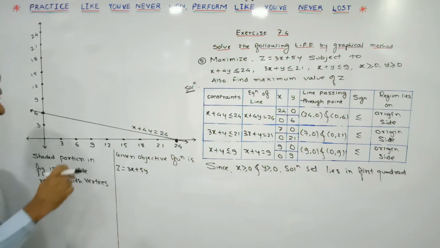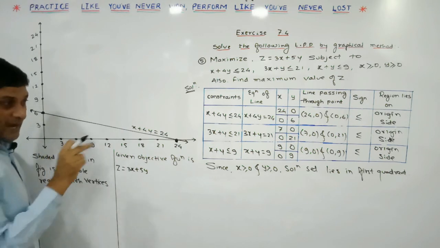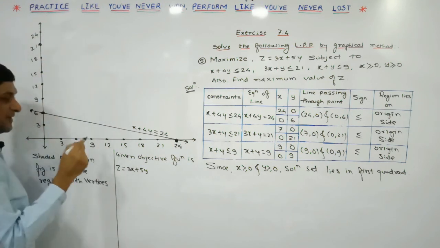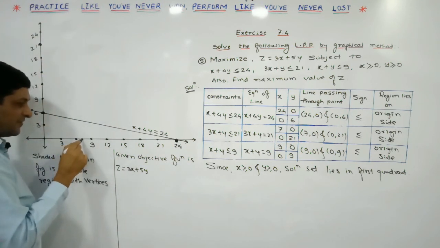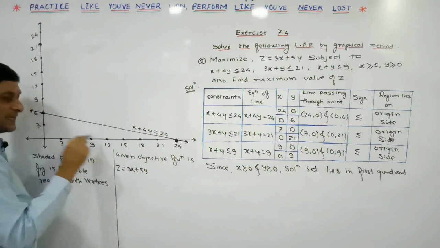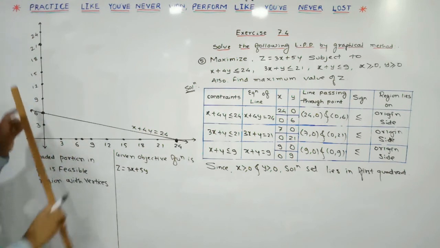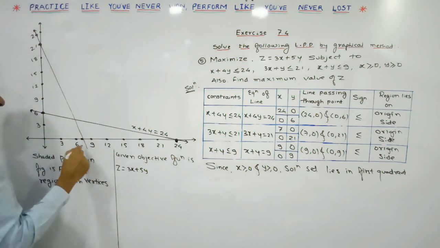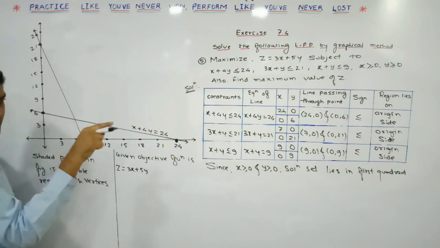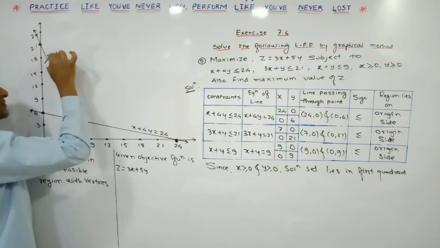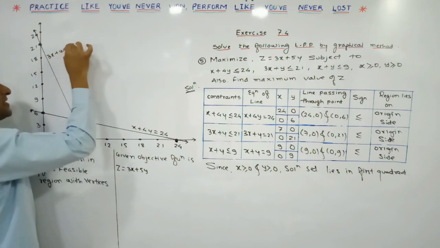The second line passes through the points 7, 0 and 0, 21. This is the position of 0, 21, and 7 lies somewhere in between 6 and 9. So once the position of 2 points is known to us, draw a line passing through these 2 points. Once the line is constructed, write down the equation of the line here. The equation of the line is 3x plus y is equal to 21.